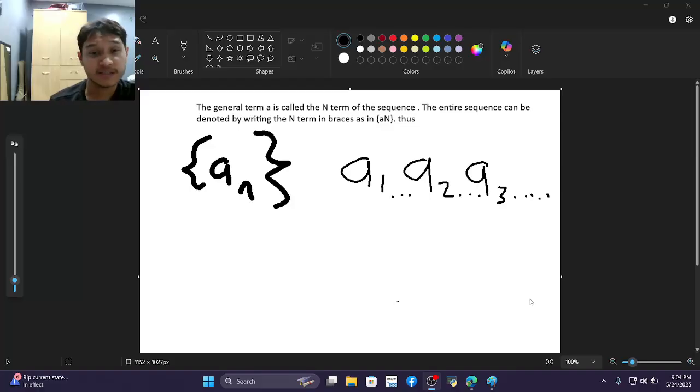The entire sequence can be denoted by writing the nth term in braces, a sub n.